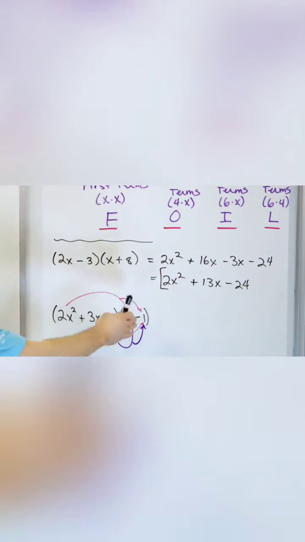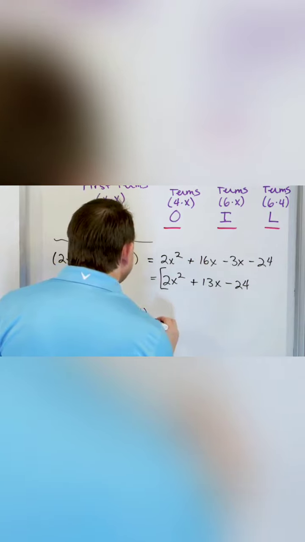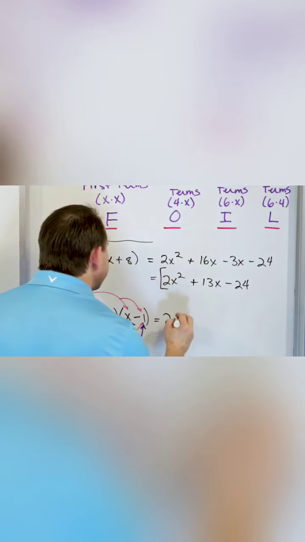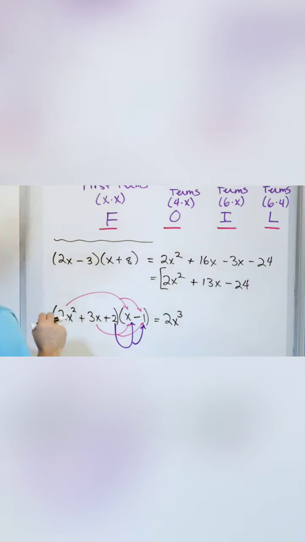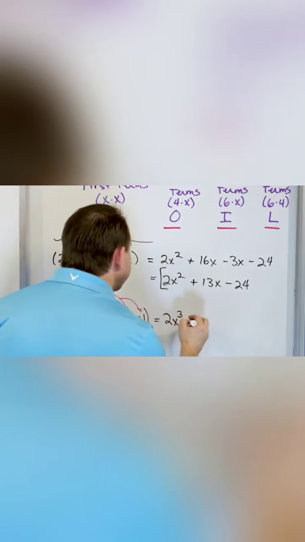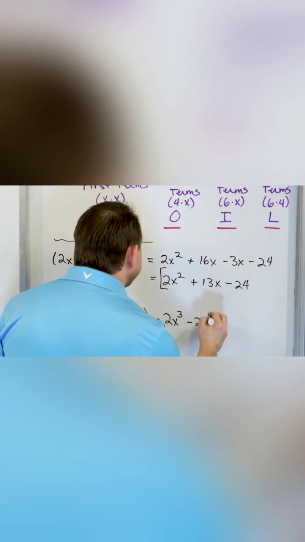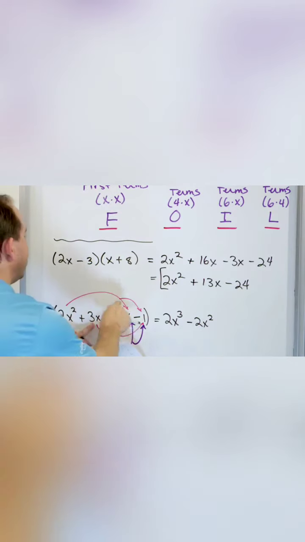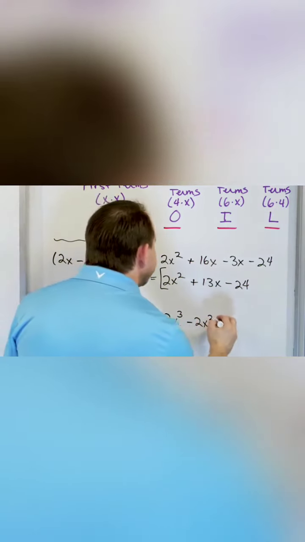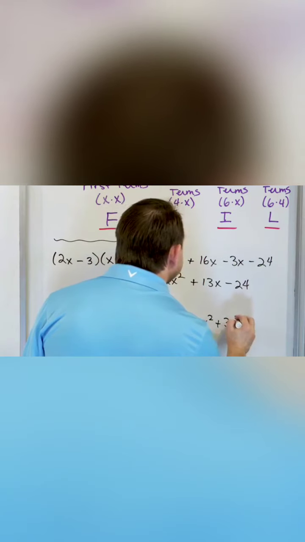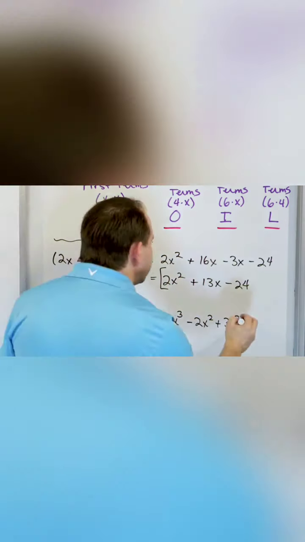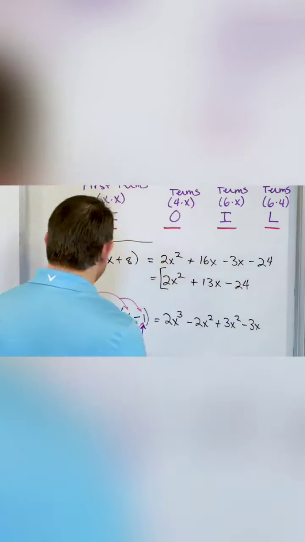So even though we're getting a little bit ahead of myself, I think it's really important for you to see 2x squared times x will give you 2x to the third power because you're going to be adding the exponents. Then 2x squared times minus 1 will give you minus 2x squared, because negative 1 times that is 2x squared. Then you move to this term, and it has to go into each one as well. 3x times x is 3x squared, because x times x, you add the exponents. Then 3x times negative 1 will give you negative 3x, right?